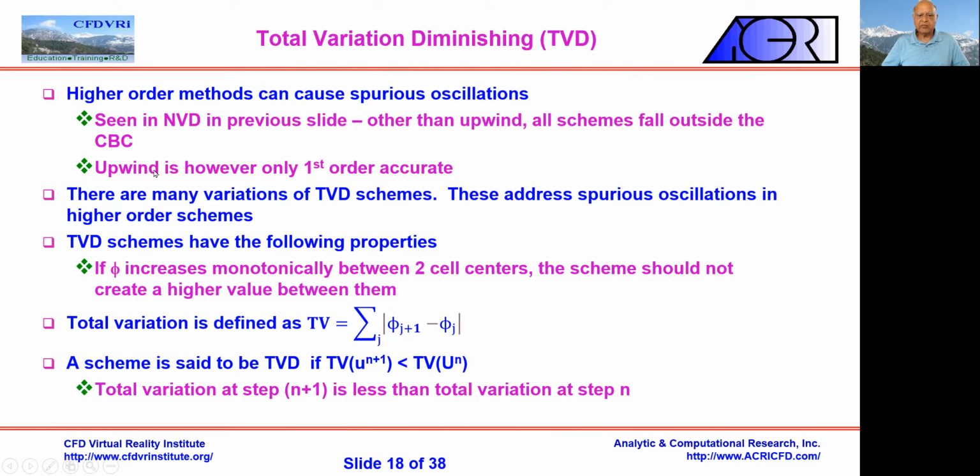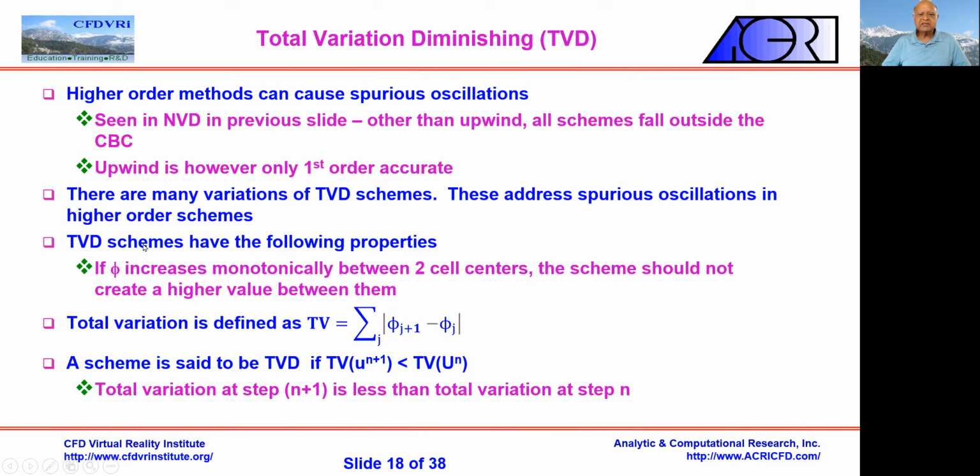But the problem is that upwind, we know, is only first order accurate, which is not important for very high speed supersonic flows, but it is very important for low speed flows and when convection does not fully dominate. So there are many variations of TVD schemes. I'm not going to get into those, and there are plenty of them in the literature, but these address spurious oscillation. So people have come up with all kinds of schemes to do that.